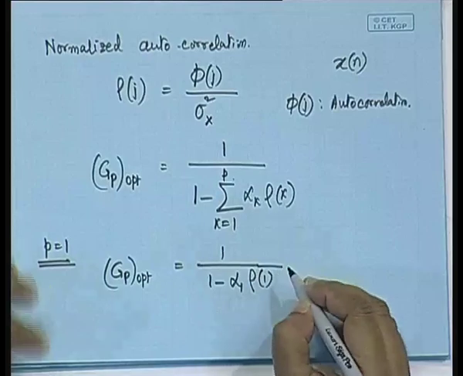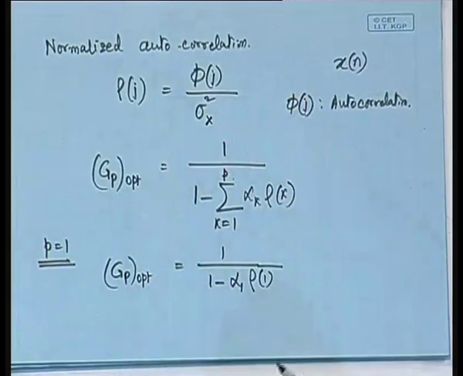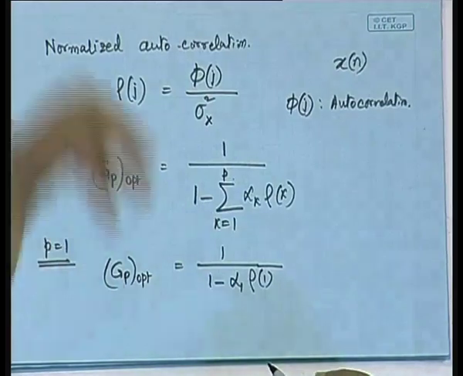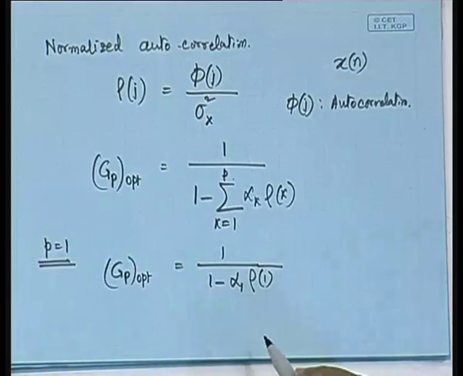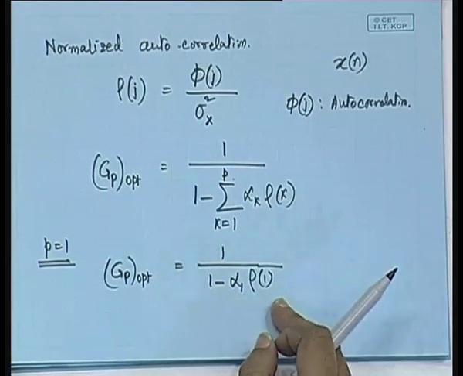Phi of 1 is the autocorrelation with a lag of 1, the immediate sample, and rho of 1 is the corresponding value of the normalized autocorrelation.